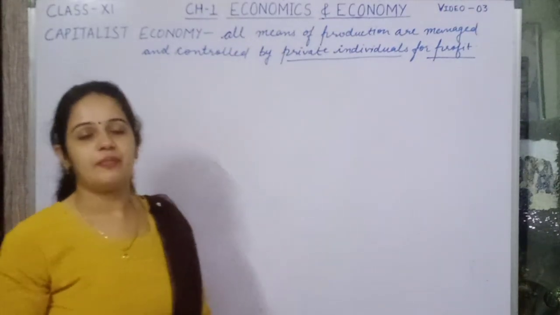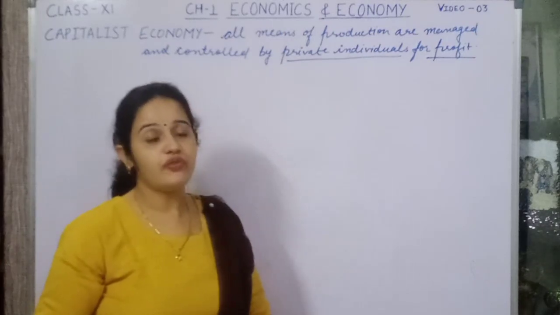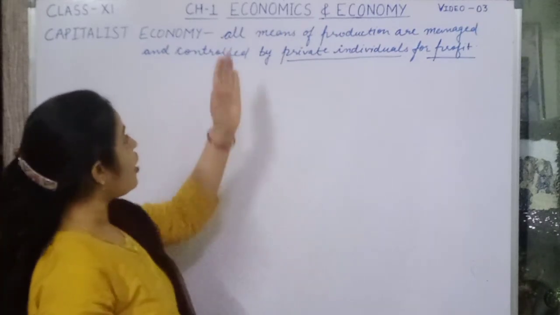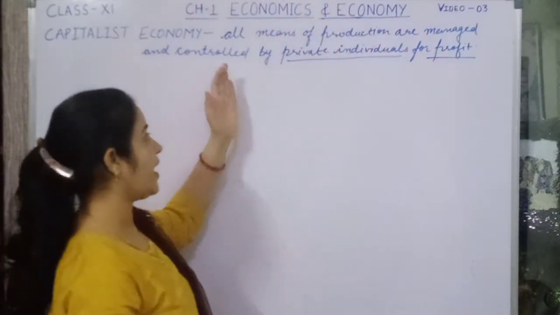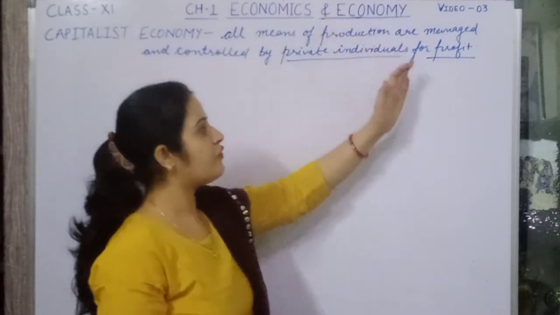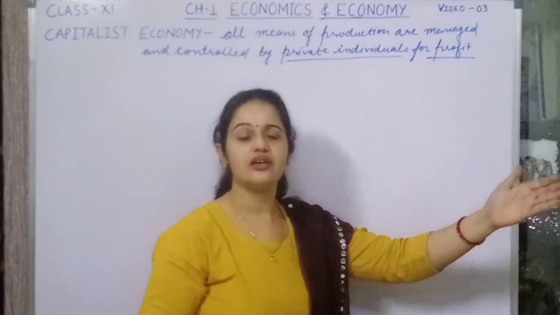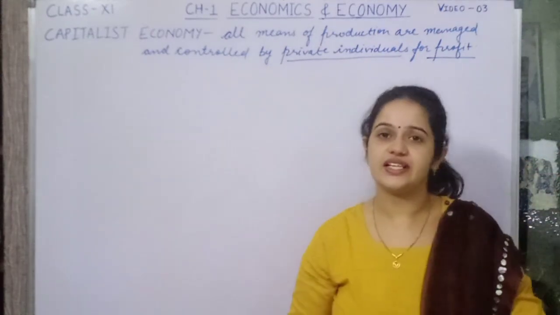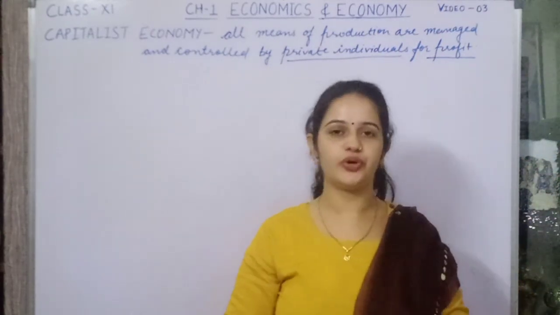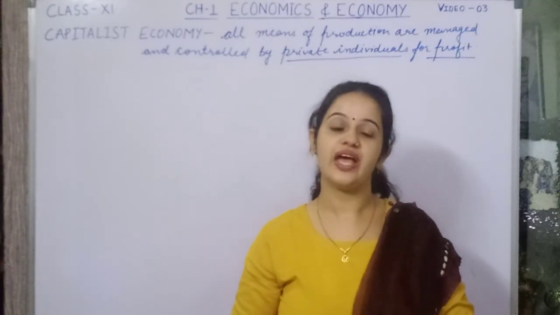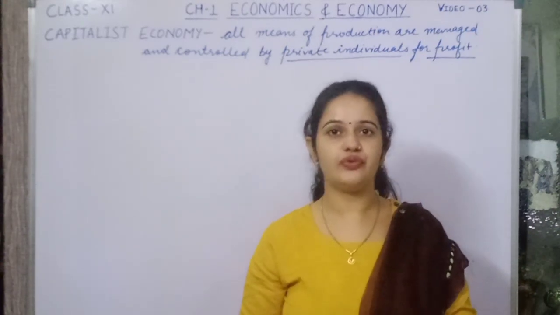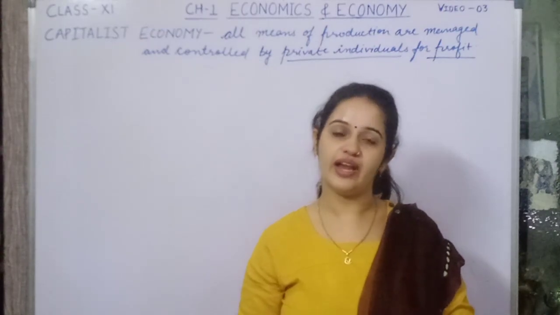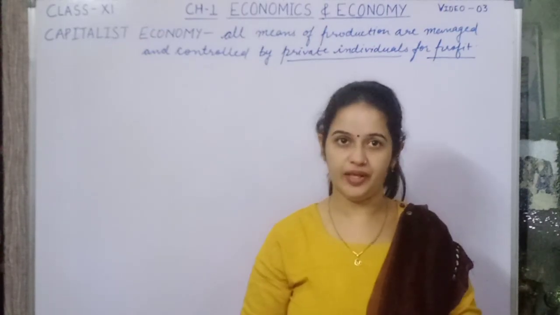So capitalist economy is that kind of economy in which all means of production are managed and controlled by private individuals for profit. When all the major decisions such as what to produce, how to produce and for whom to produce are taken by market forces, then it is called a capitalist economy.